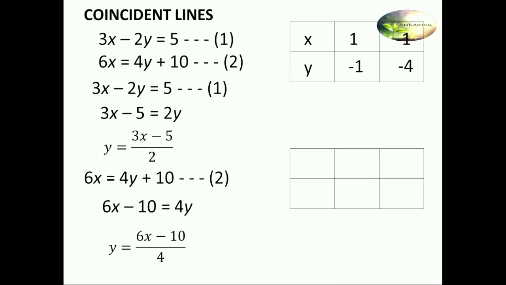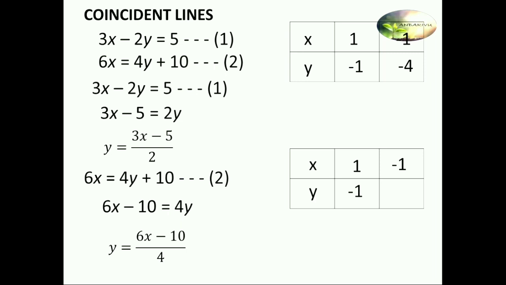Now I am going to substitute values for x. I am going to take x values 1 and minus 1. If I substitute 1, 6 into 1 is 6. 6 minus 10, I will get minus 4. Minus 4 by 4 is minus 1. Then if I substitute minus 1, 6 into minus 1 is minus 6.